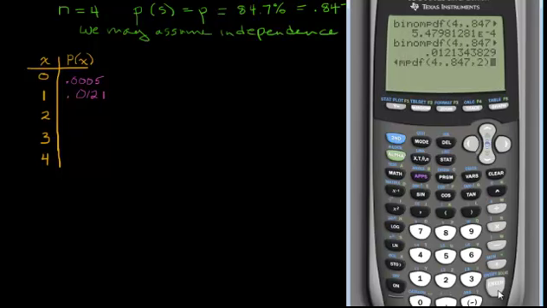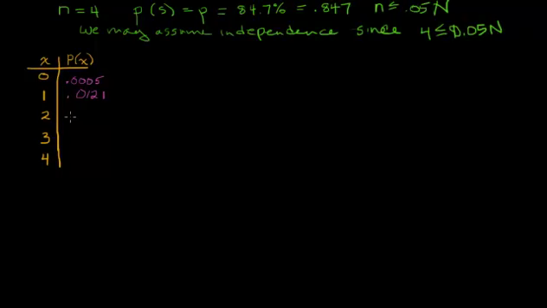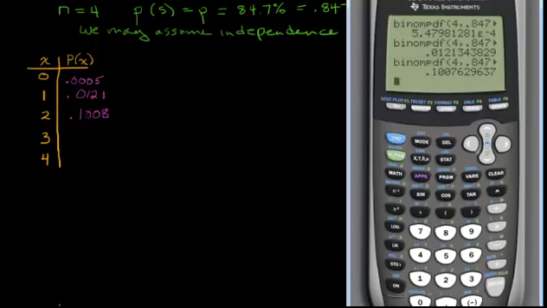Enter, enter, and NPX. Enter, and this time I get 0.1008. I'm rounding there to 4 decimal places, and let's see what we have now.